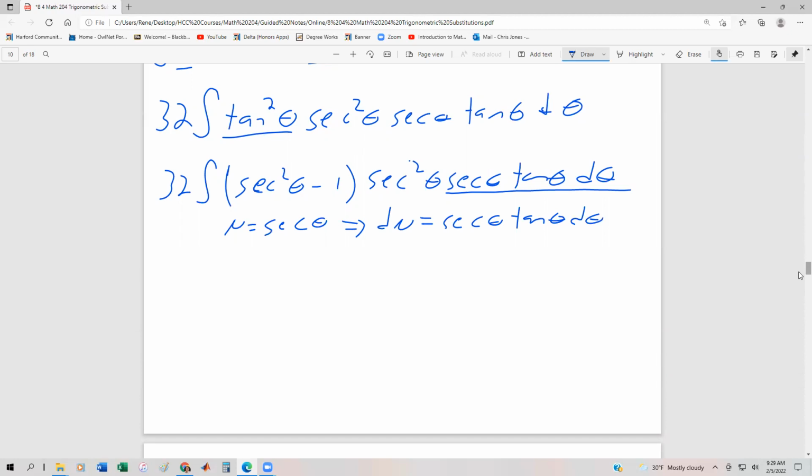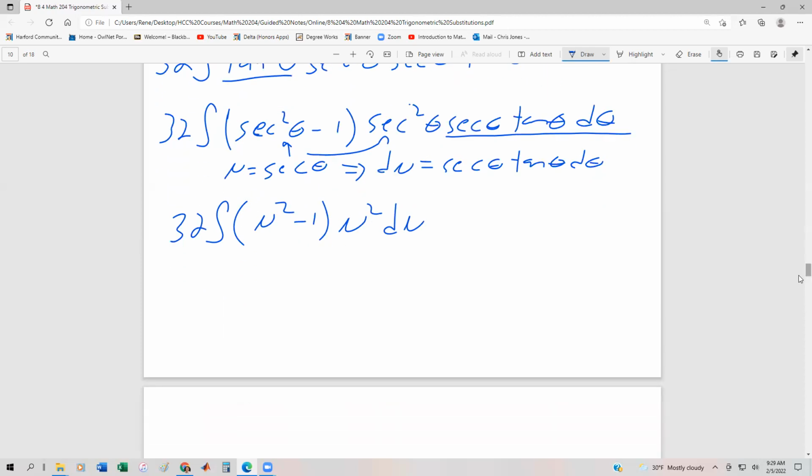So now we substitute back in for secant. 32 times the integral of u squared minus 1, u squared, and then sec theta tan theta d theta is going to be our du. And now we finally get down to a polynomial integral which we can evaluate.